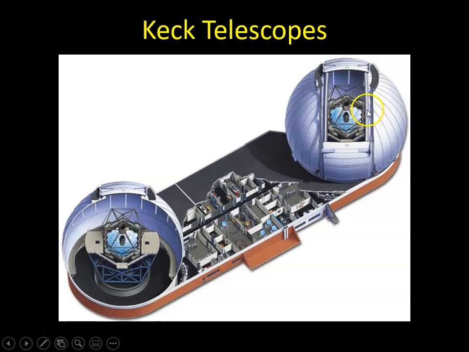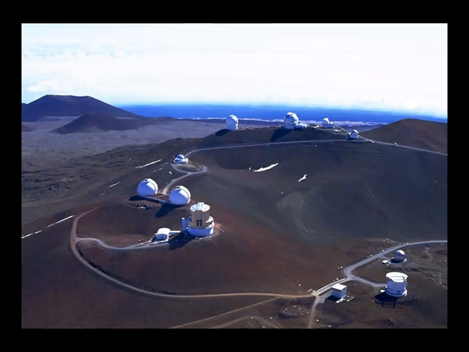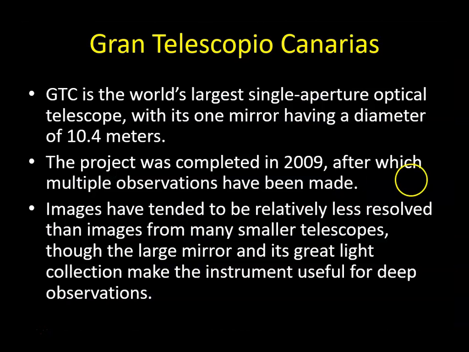So that d in the denominator of that formula can also be the distance between instruments that are combined, so that you can use the phenomenon of optical interference to significantly improve the resolution of your image. But we won't have too much to say about the details of the physics of interferometry here because they don't really concern us. But yeah, you have lots of the big telescopes on top of Mauna Kea.